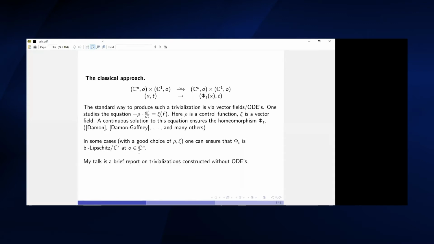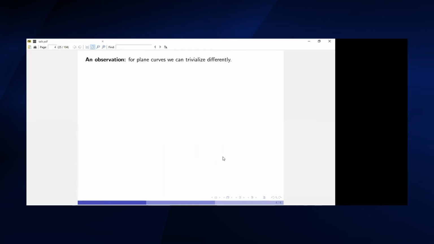And I will give a very brief report on trivializations constructed without using ordinary differential equations. It appears that one can trivialize differently. So let me start with a very simple observation, just for plane curve singularities.